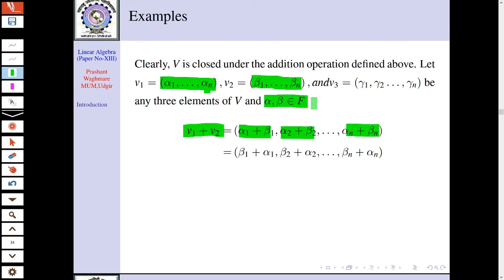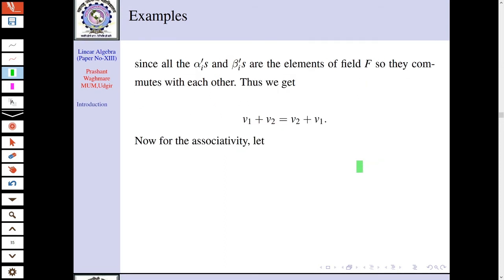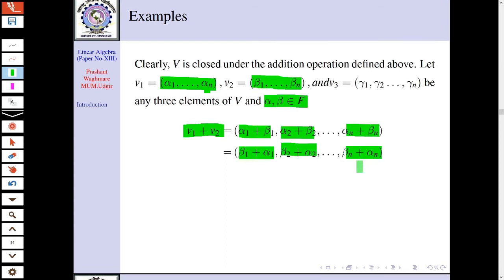In the field the commutativity property holds. So I can write this alpha 1 plus beta 1 as beta 1 plus alpha 1, comma, beta 2 plus alpha 2, and so on, dot dot, beta n plus alpha n. Hence, directly I can write this, which is equal to V2 plus V1.